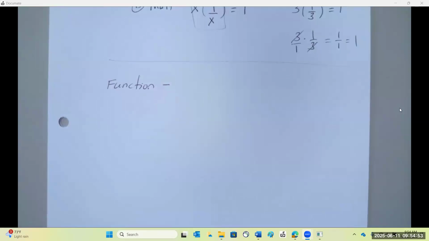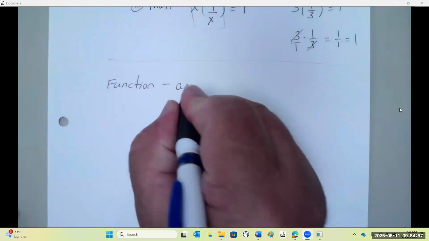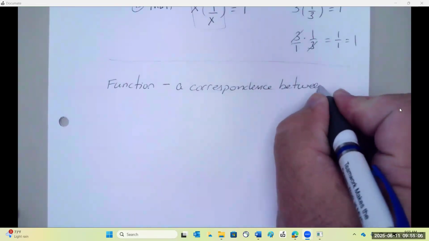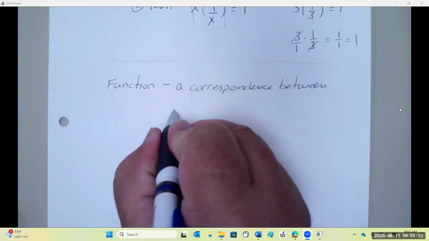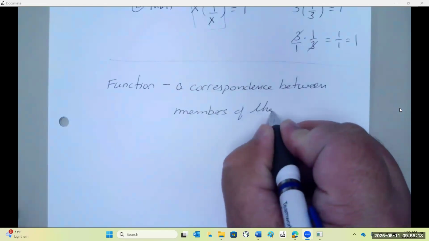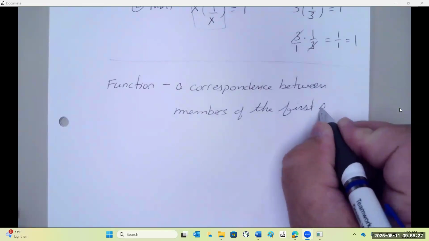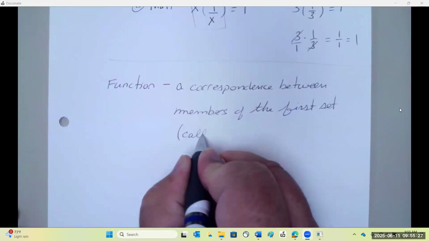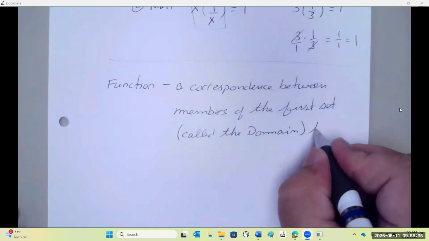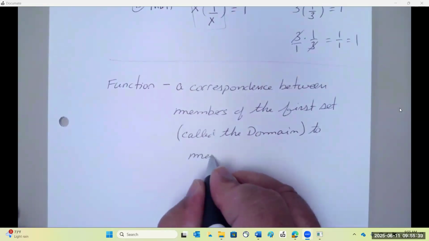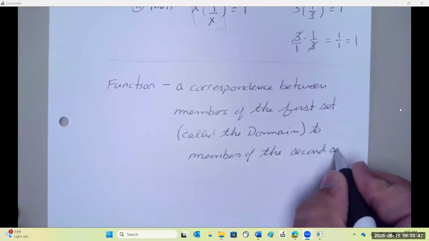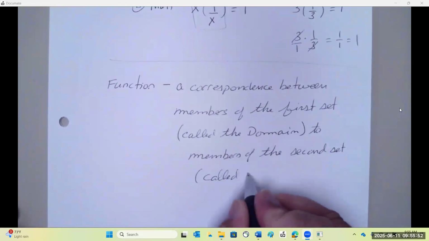Let's define a function. A function is a correspondence between members of the first set, called the domain, to members of the second set, called the range.